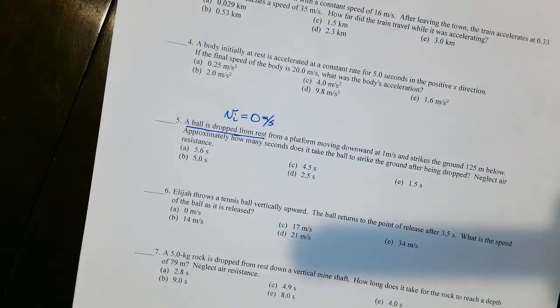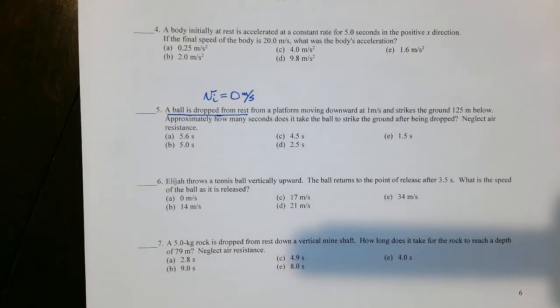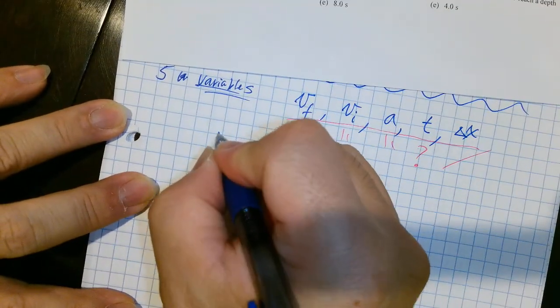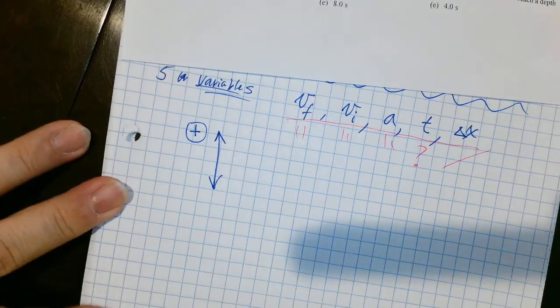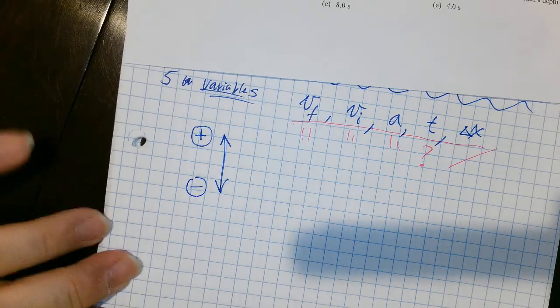So you have to think about what's given to you in this problem. It's moving vertically. So when things are moving vertically, maybe I should write that down here. We're going to consider up direction positive, down direction negative.